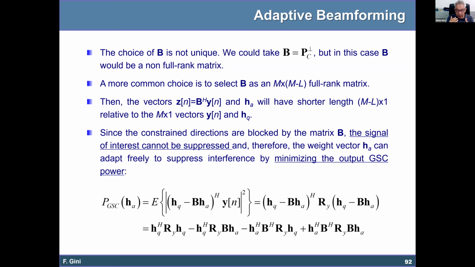Remember, the number of snapshots should be at least twice M. In this case, the number of snapshots should be at least twice M minus L. And so we need fewer snapshots to achieve close to optimal performance. Or in other words, the convergence of the adaptive detector is faster because the size of the impulse response is smaller.